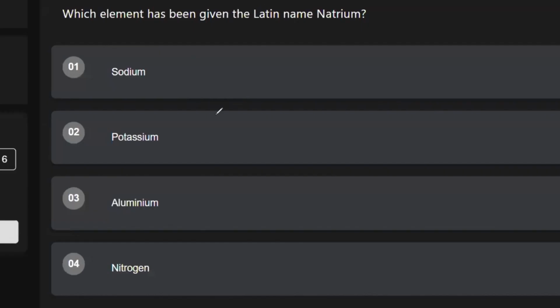So not just the periodic trends and how the periodic table is formed that you need to remember. You also need to remember symbols and the names of each element, at least the main elements, the ones that are very commonly discussed, especially the first 20 elements and some of the transition elements. Now, out of these elements in the periodic table, some of them are from the ancient times.